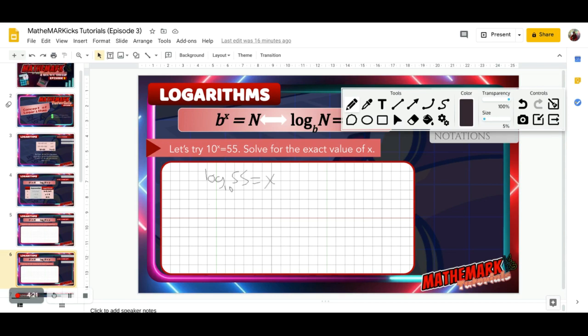You may interchange the two so you will be more comfortable with the variable at the left. So you may write your answer in that form, or you may use your calculator to get the decimal value, which is approximately 1.74. So as you can see, it's not equal to 1.5.